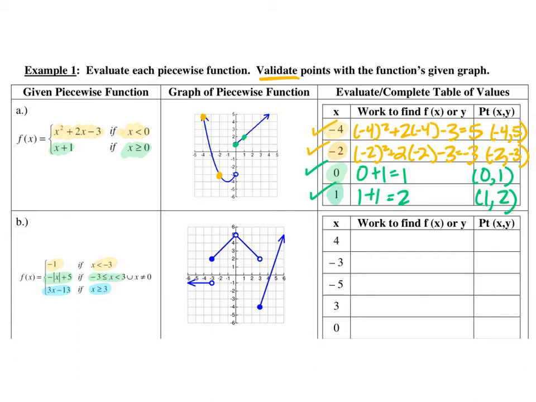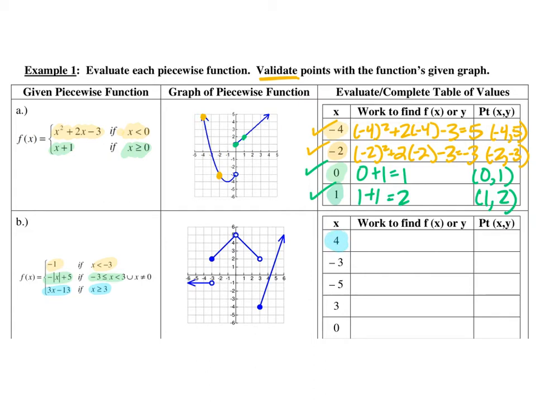Is 4 less than negative 3? No. So I know it's not going to go into the yellow function. Is 4 between negative 3 and 3? No. So it's not going to go in the green function. Is 4 greater than 3? Yes. So 4 is going to go into that last blue function.